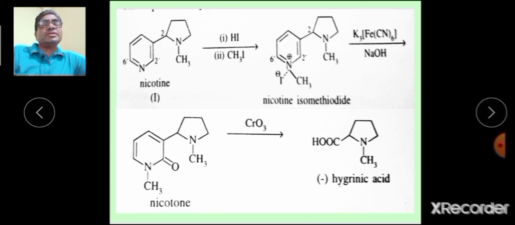This is the first structure of nicotine. Treatment with HI followed by methyl iodide gives the nicotine methyl derivative, which on treatment with potassium ferricyanide in the presence of alkali gives the ketone nicotone, which on oxidation with chromic acid gives hygrinic acid. Therefore structure 1 must be the structure of nicotine.